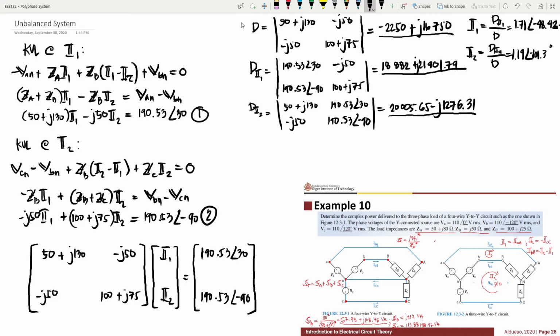We have the values for I1 and I2, and also for IAA, IBB, and ICC.